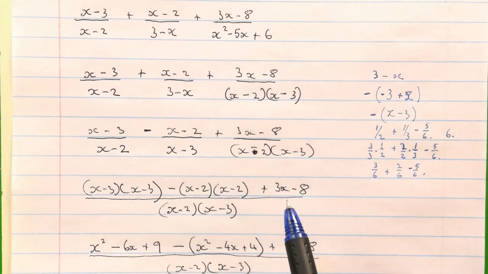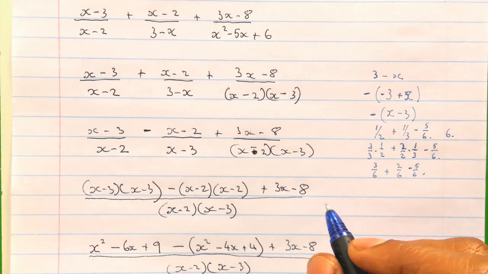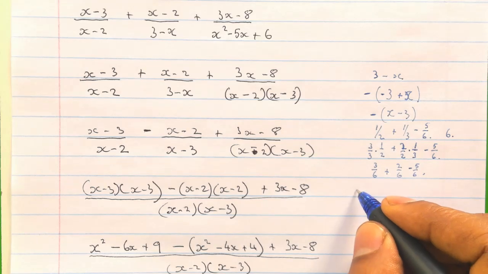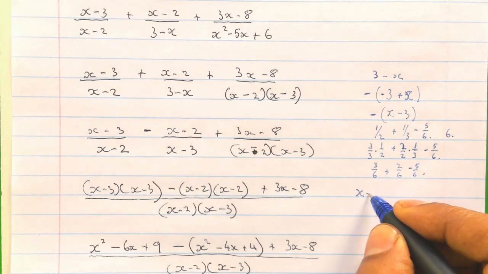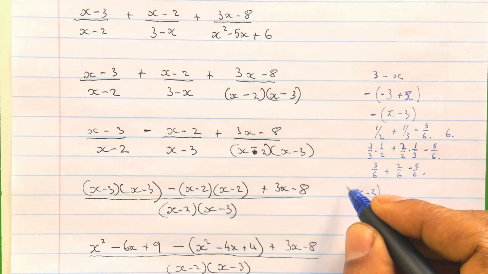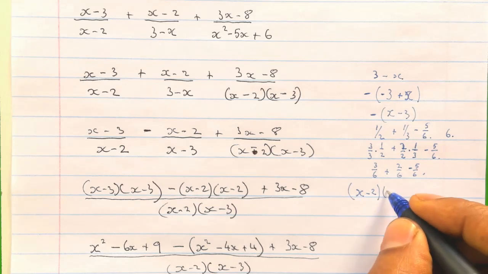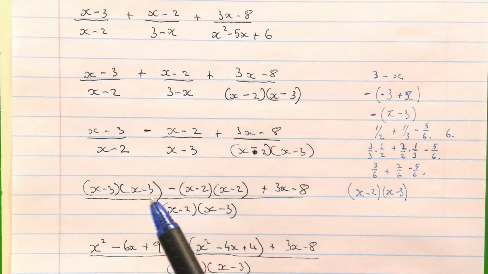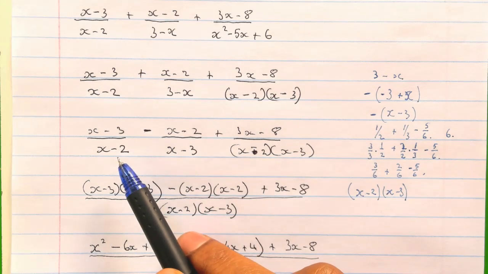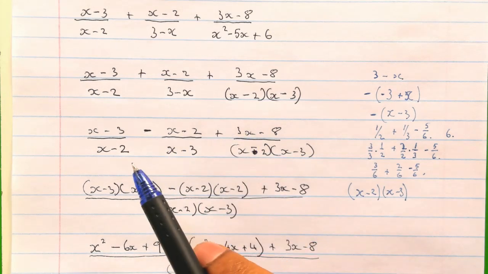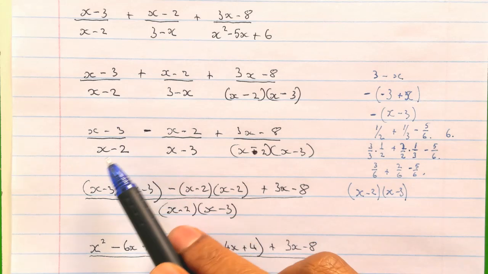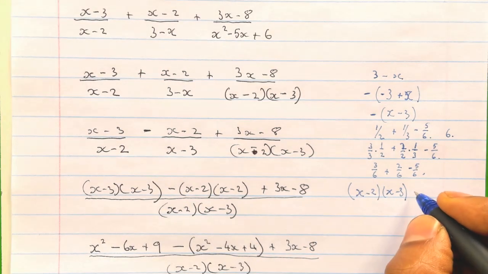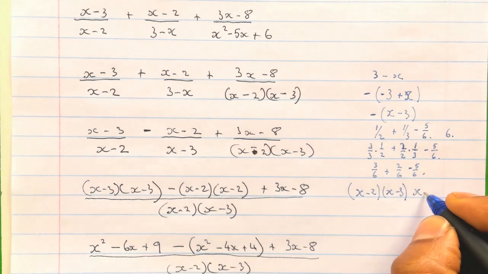So all I do is to say, if I multiply the first one by my LCD, which is what? Which is x minus 2 and x minus 3. So I want you to focus on only one, then you'll apply it with the rest. So if I multiply this by my LCD, what happens now? I will have this rational expression.